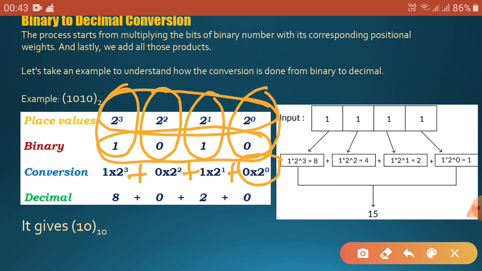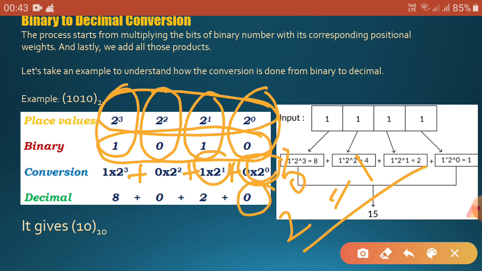We know that something to the power 0 equals 1. So 2 to the power 0 equals 1, and it is multiplied with 0, so the total value will be 0. Then 2 to the power 1 means 2, and multiplying with 1 gives us 2. Then 0 into 2 to the power 2.